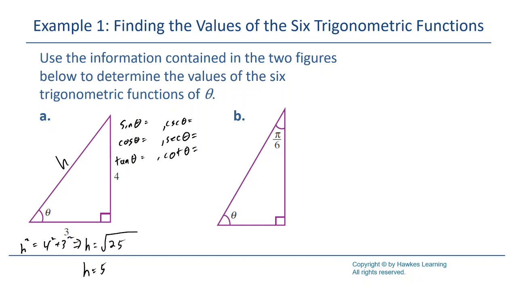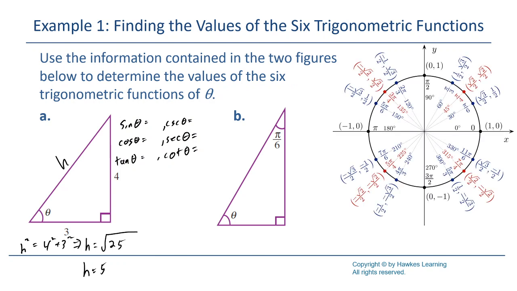Now you may go, okay, well, is it plus or minus 5? Let me pull this back up again. Make any triangle here in the first quadrant. Make any triangle in the second or third quadrant. Now I should have connected it all the way out. But the hypotenuse is a length here.